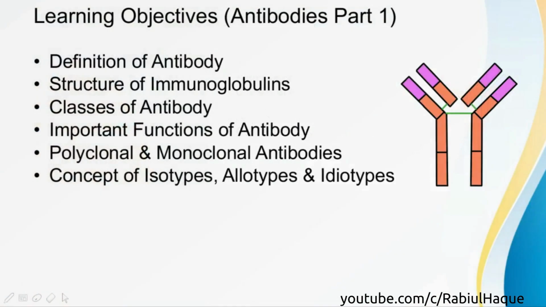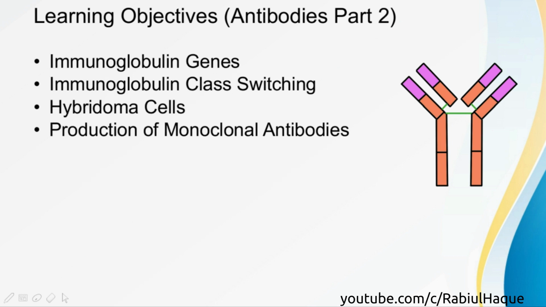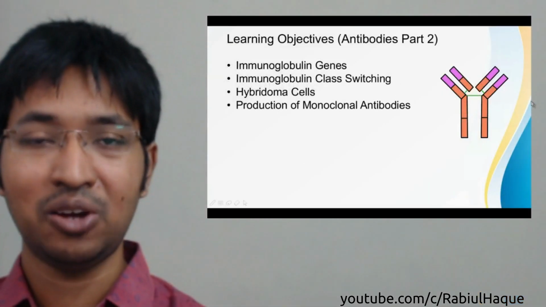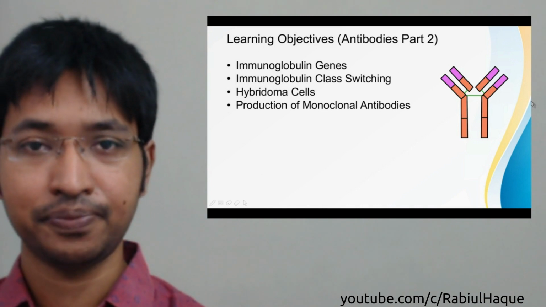We will also talk about the classes of antibody and their important functions, polyclonal and monoclonal antibodies, and the concept of isotypes, allotypes, and idiotypes. Then in the second video, we will learn about immunoglobulin genes, immunoglobulin class switching, hybridoma cells, and how monoclonal antibodies are produced from hybridoma cells. Okay, a lot of topics, so let's begin.